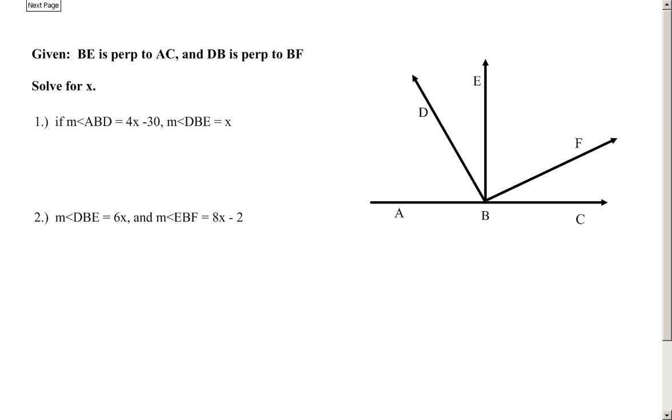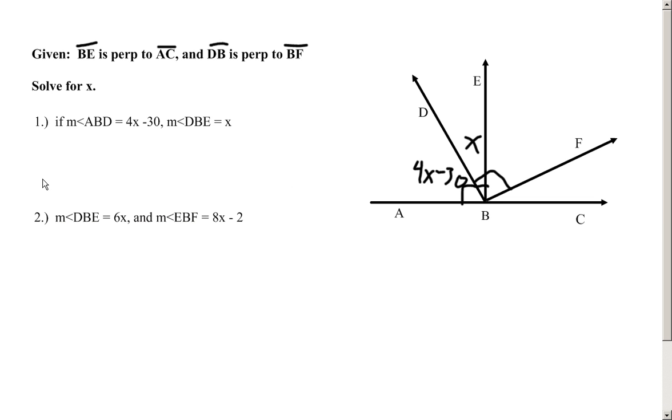Okay. And a couple of problems where it's solved here. It says, given BE is perpendicular to AC and DB is perpendicular to BF. This is perpendicular right here, and these are perpendicular right here. So perpendicular, perpendicular. It says if the measure of angle ABD is 4x minus 30, ABD, that's this angle right here, 4x minus 30, and DBE is x, how do we find x?